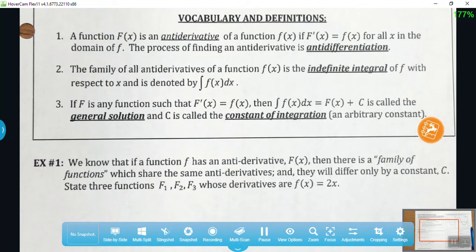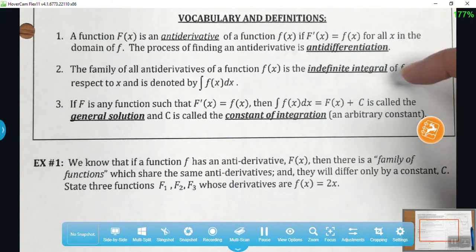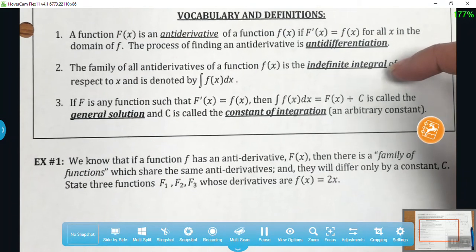An antiderivative is basically doing the opposite of a derivative. The family of all antiderivatives is called the indefinite integral.